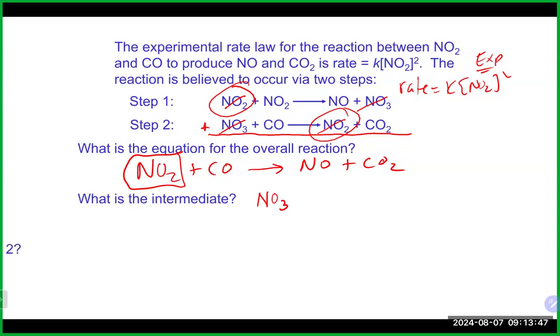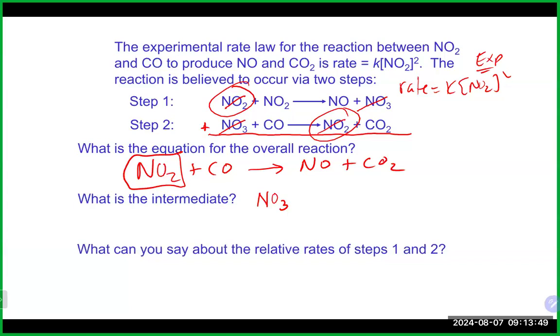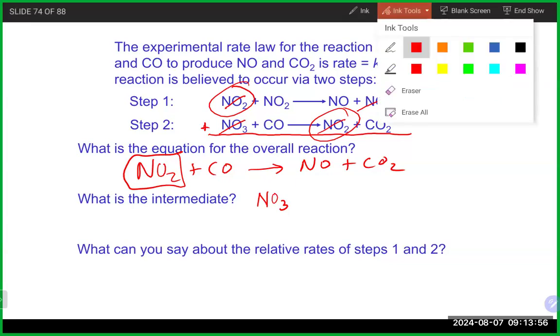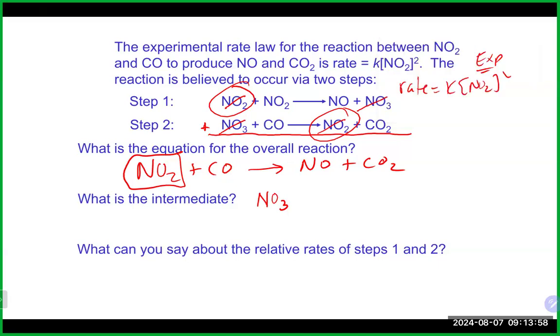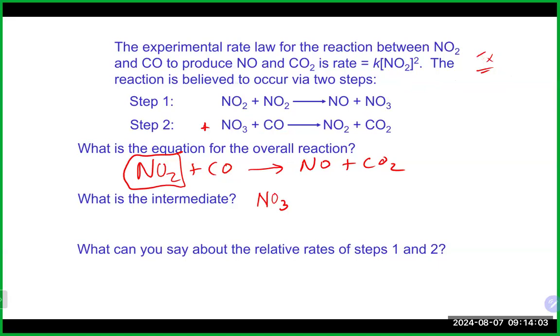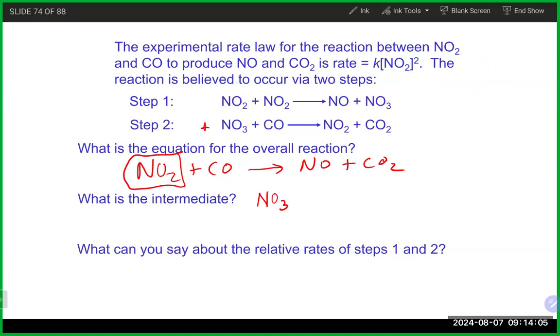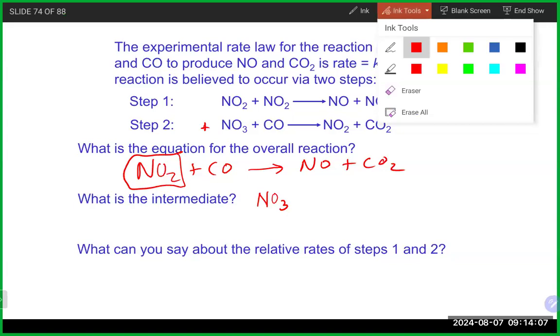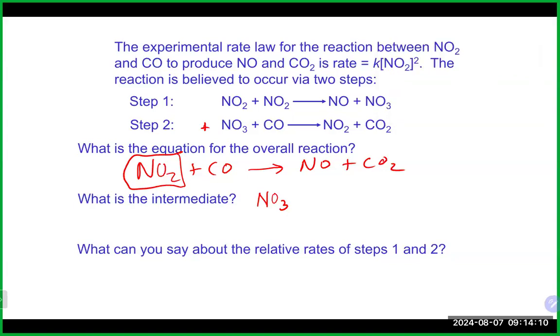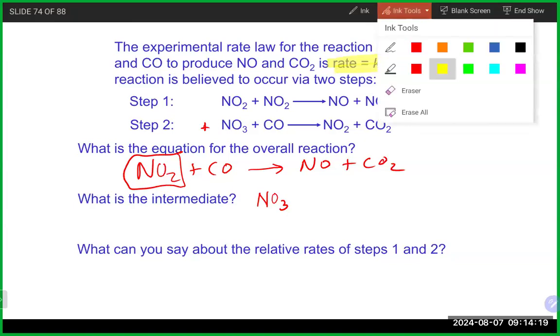Now, what can we say about the rates of step 1 and step 2? This is where these elementary steps come into play, and basically it will help us determine, is this a good or plausible sort of rate law? So again, the one thing that we do know is experimentally, like you did yesterday, they were able to determine that the rate law for this experiment is what was given there.